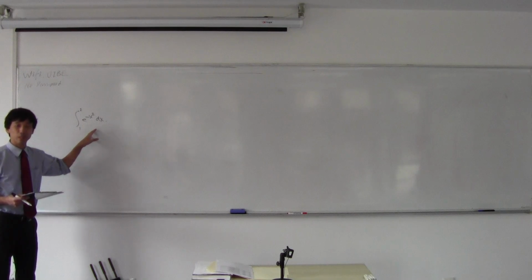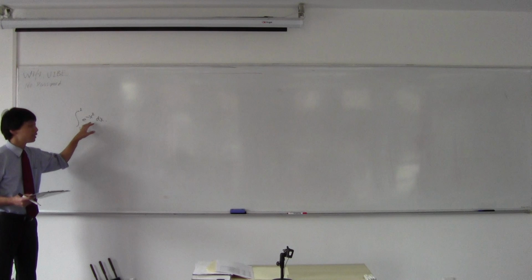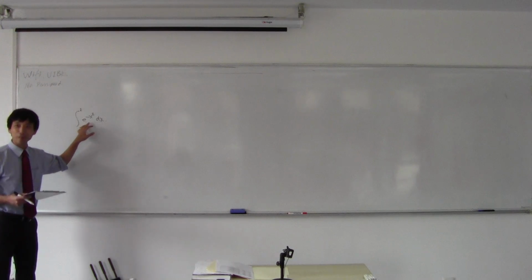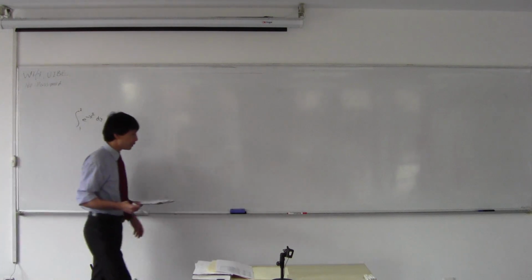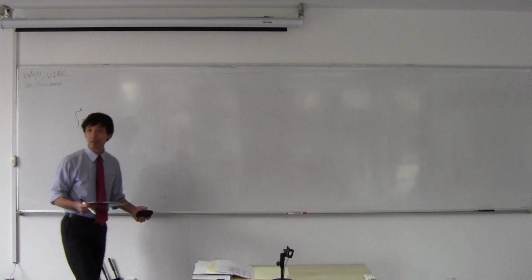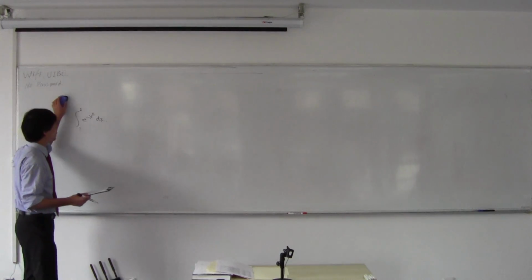You'd hope maybe that you could find an antiderivative, but in fact, there is no simple way to write down an antiderivative for this function. So it's not so easy to do using the methods we've introduced so far.